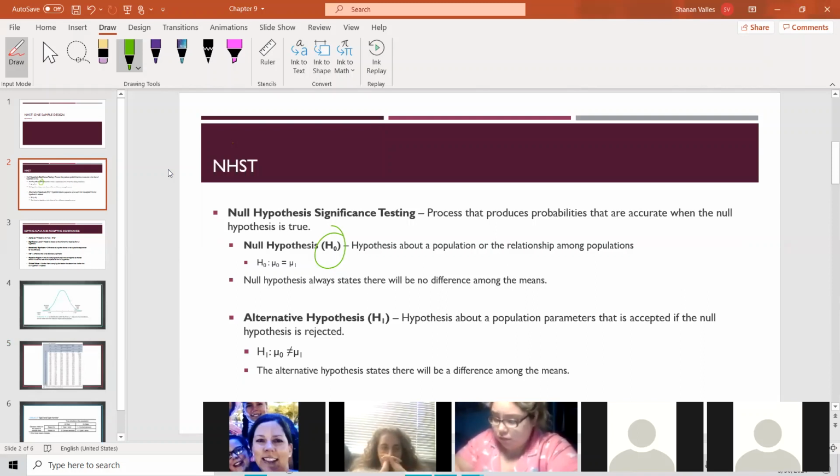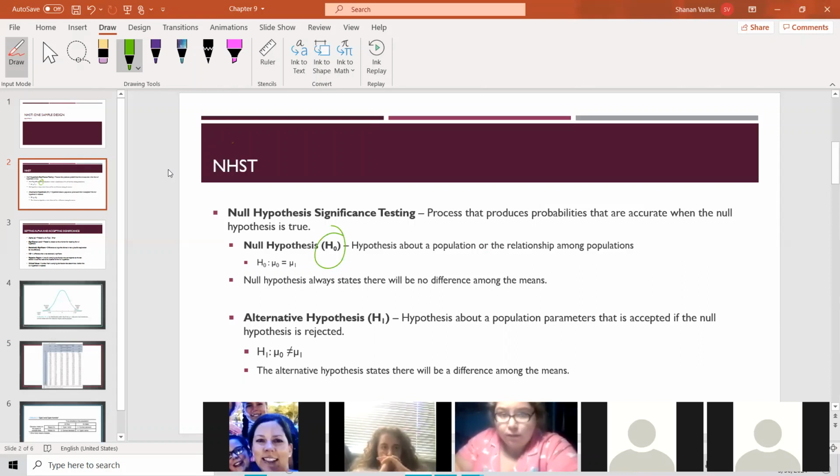That's the definition straight from the book. I don't really like that definition because it doesn't really tell us anything, okay? It just is saying that we're going to make a hypothesis about a population.